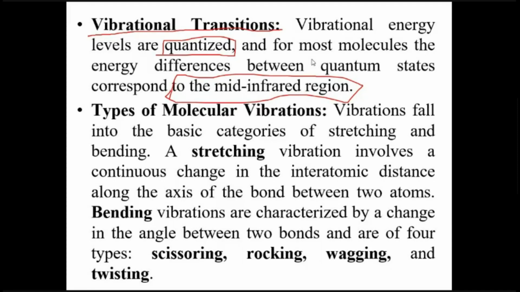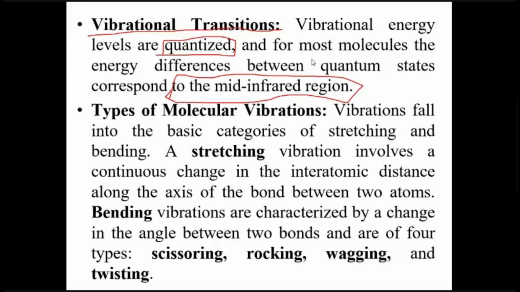The energy difference between two levels of vibration is discrete. For most molecules, the energy differences between quantum states correspond to the mid-infrared region. The energy difference between two levels, if you translate that into wavelength, that wavelength will fall in the mid-infrared region.